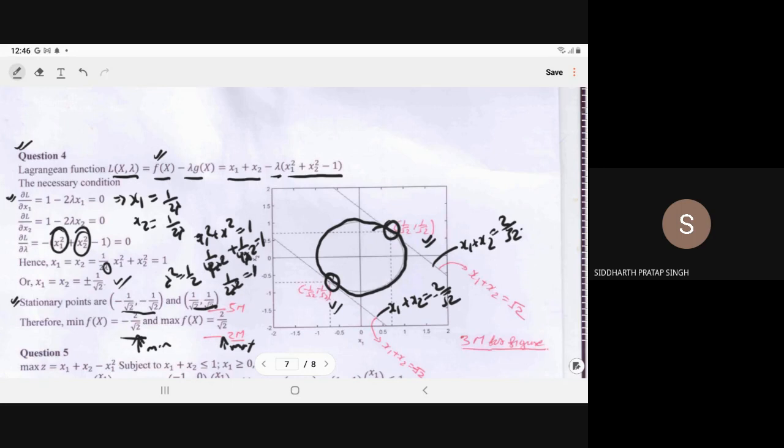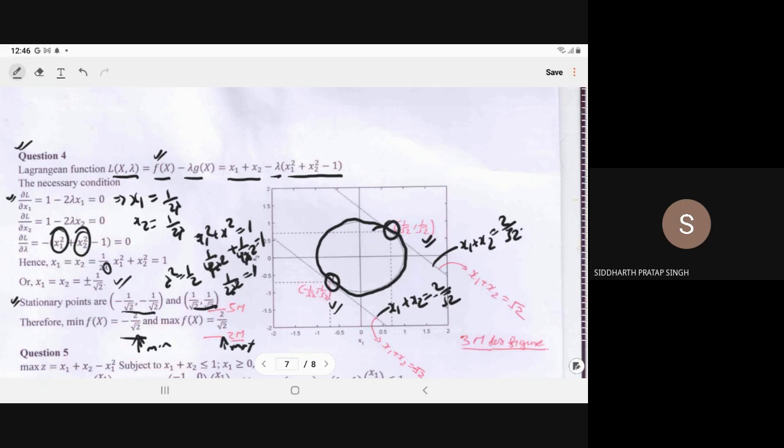Nothing you have to do. In the case of the Lagrangian, you only have to compute the stationary point and put it in the f. If it is the lesser value, say it is minimization, and if it is the greater value, then we say it is maximization. The Hessian we decide in the case of the quadratic problem, and for the KKT condition you require it.